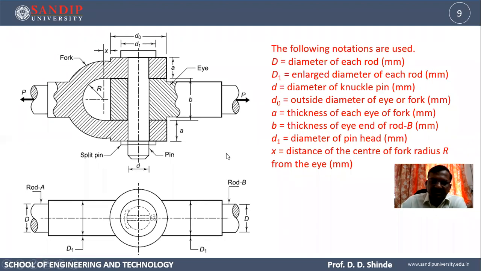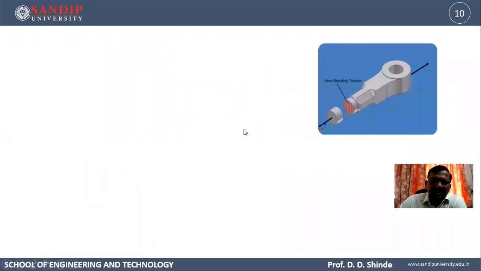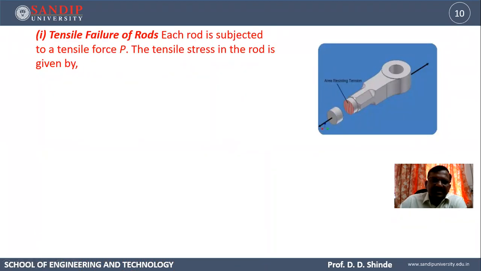These are the hints. So these are the nomenclature. Next we start with the tensile failure of the rod. The rod is subjected to tensile force, which you can see. I had added the small view here. So D is the diameter of this rod. If you pull it by the force P, you can see the cross sectional area which is resisting that tensile force.